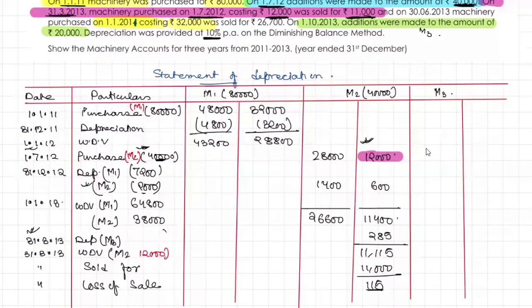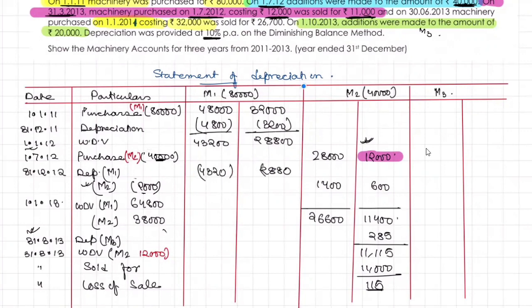But yes, WDV of M1 for the next year, again, depreciation will be charged of 7,200. Correct? But now separately, for each of the machines. So 43,200 into 10% will be 4,320 and 2,880. Okay. This is the depreciation which is charged.